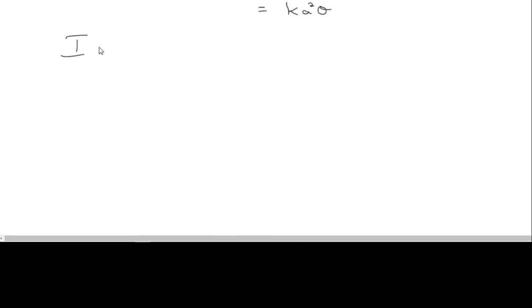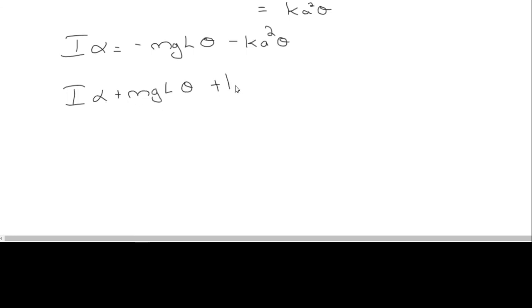So putting in the equation, inertia torque is equal to external torques. So I alpha is equal to minus mgL theta, because that will be acting opposite to the inertia torque, and minus k a square theta. We can write it as I alpha plus mgL theta plus k a square theta is equal to 0. We know alpha is the angular acceleration, which is the second derivative of angular displacement theta with respect to time, so that can be represented as theta double dot.